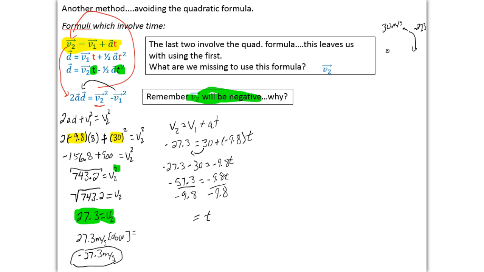And if you're remembering right, we've seen these numbers before. So 57.3 divided by 9.8 is 5.8 seconds. Remember, negatives cancel, leaves you with a positive. So here's your answer, 5.8 seconds. Highlight that too.